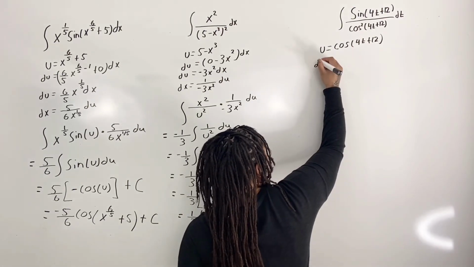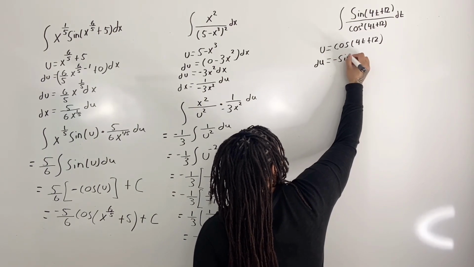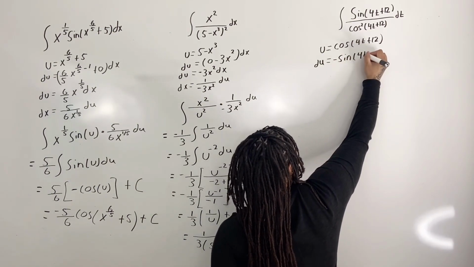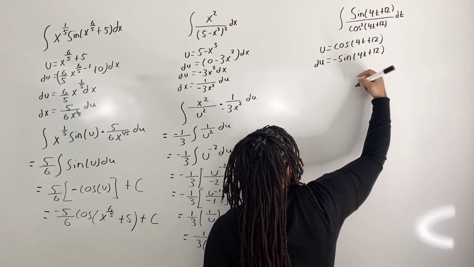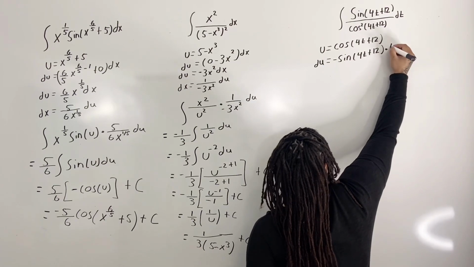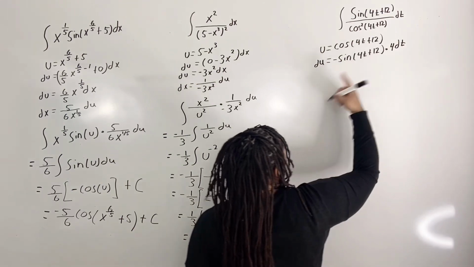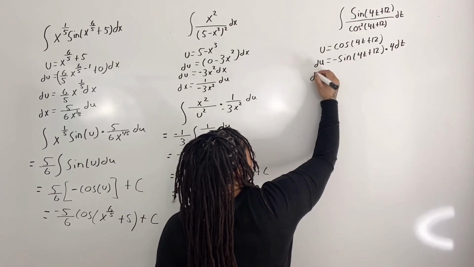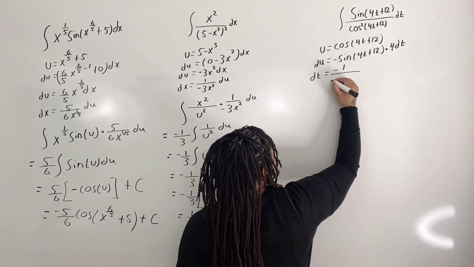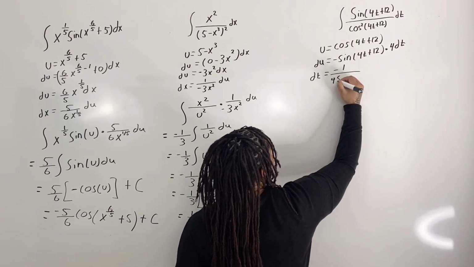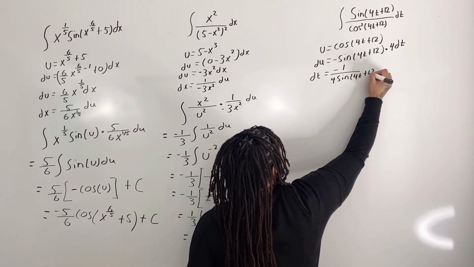Then du will equal negative sine of 4t plus 12 times the derivative of the inside, which is 4, and multiplied by dt. Solving for dt, we have dt is equal to negative 1 over 4 sine of 4t plus 12 du.